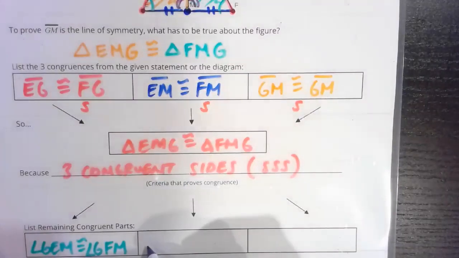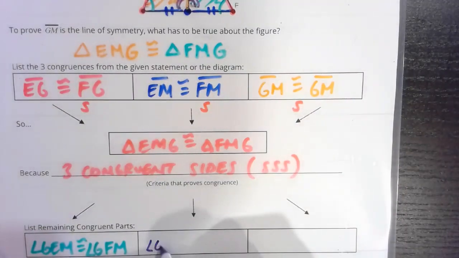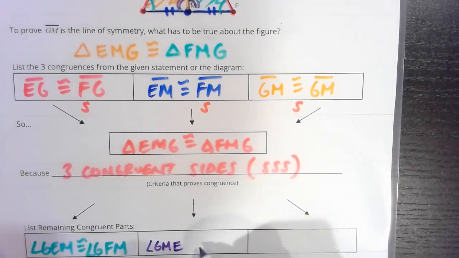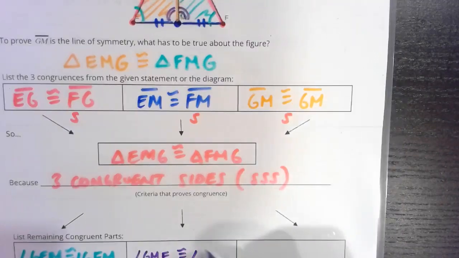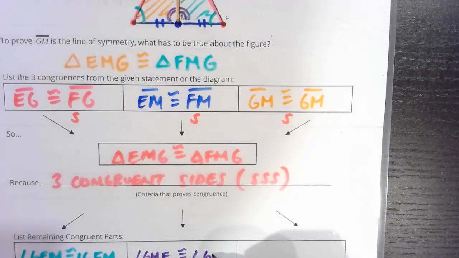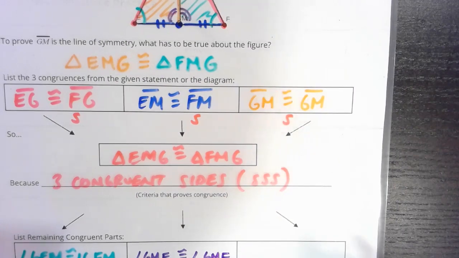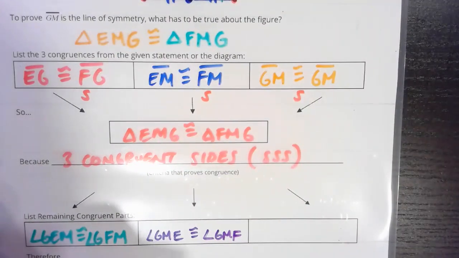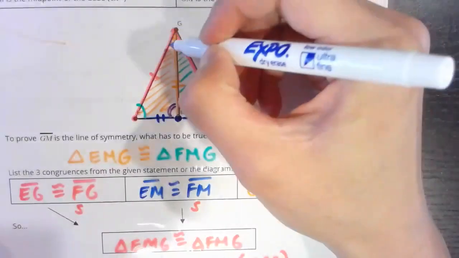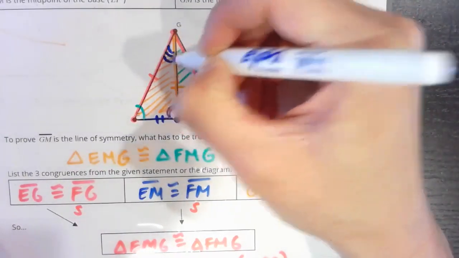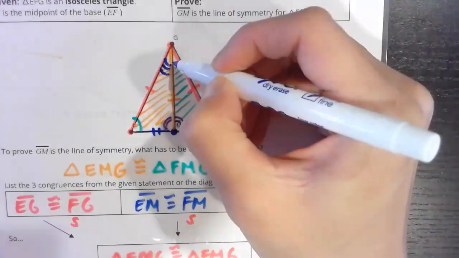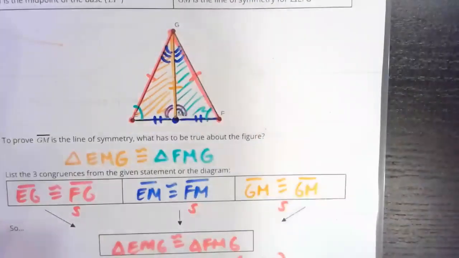So I'll say angle GME is congruent to angle GMF. And last, I know that this angle here has to be congruent to this angle here.